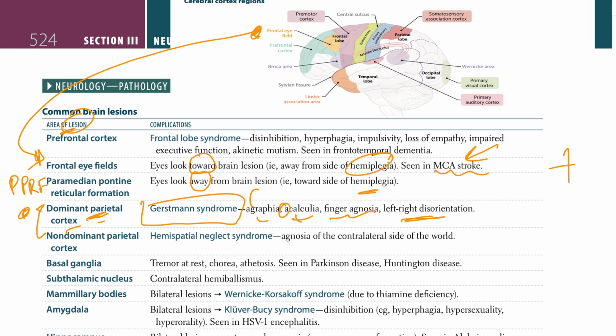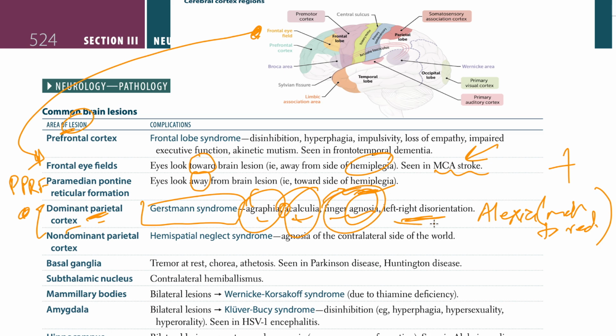Finger agnosia means they will not be able to identify their own fingers on the hands. Left-right disorientation means they will not be able to tell orientation. One more thing added is alexia, the inability to read. So agraphia, acalculia, finger agnosia, left-right disorientation, and alexia.